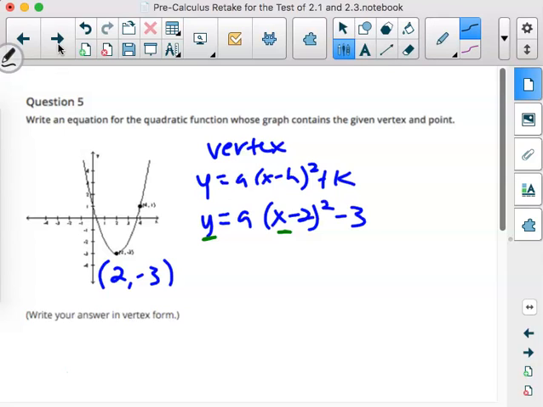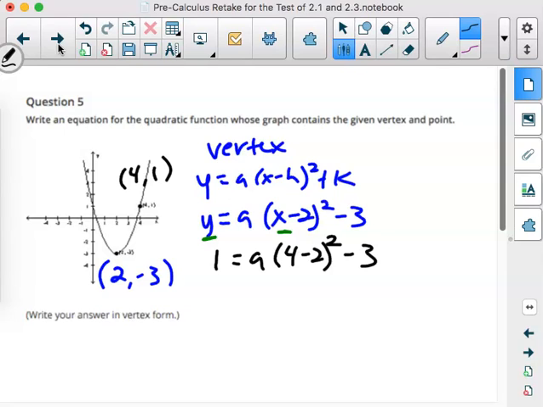And that's why this other information is here, and that is the other point that they have marked for us there, which is 4, 1. So you have to find a, you have to. And you can't use anything like slope because quadratics don't have slopes. So you have to put in the x and the y pair, and then do the math.